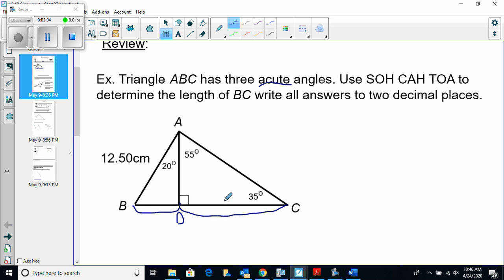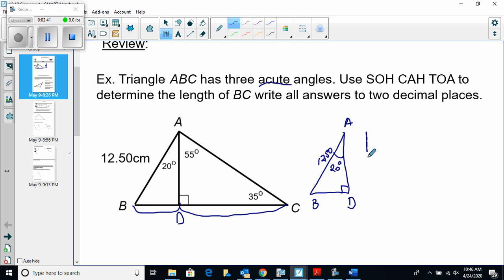So now, in order to figure out the length of BD and the length of DC, we have to break it into two triangles. Those triangles are A, B, D, where this is 90 degrees, this angle here is 20 degrees, and the length here is 12.50.